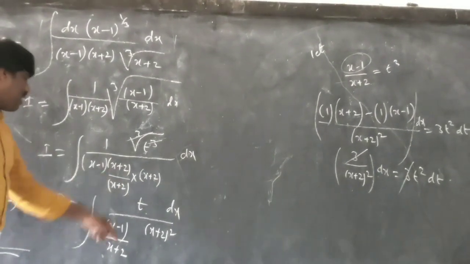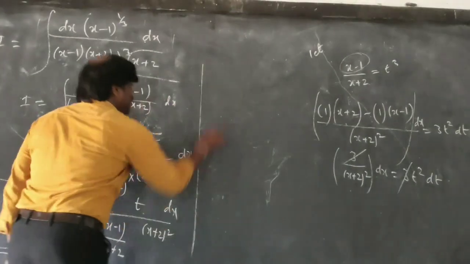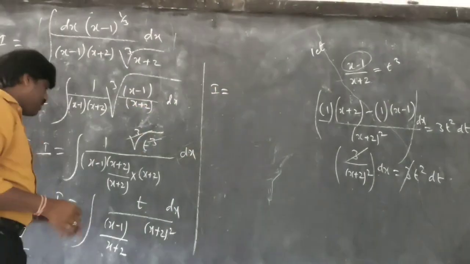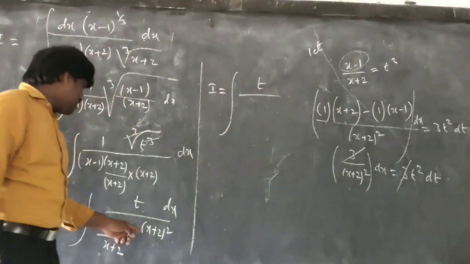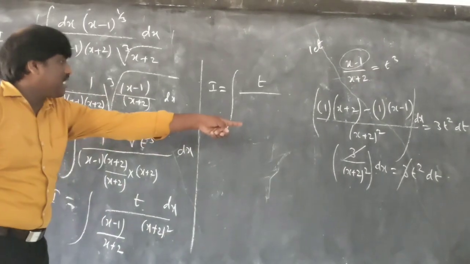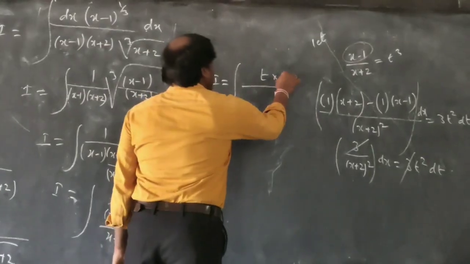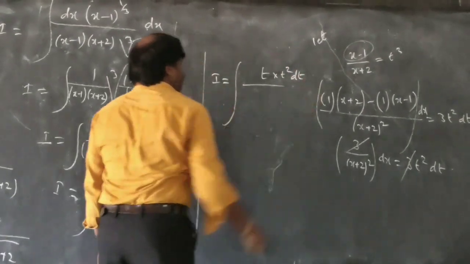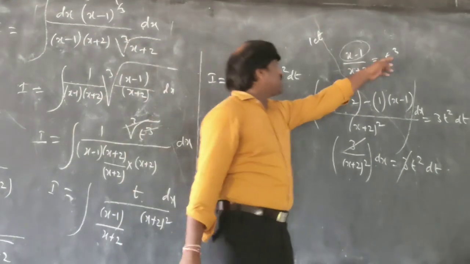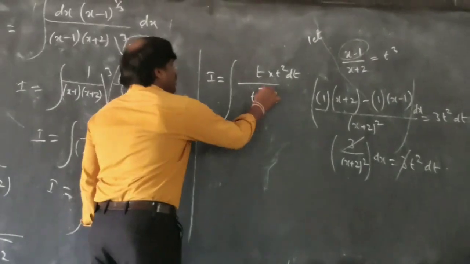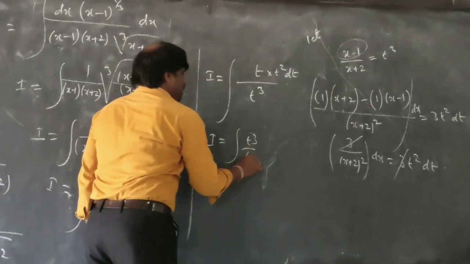So this can be written as I is equal to integration of t, and this total thing can be written as t square dt upon (x minus 1) upon (x plus 2). I wrote that as t cube. So I is equal to t square dt by t cube.